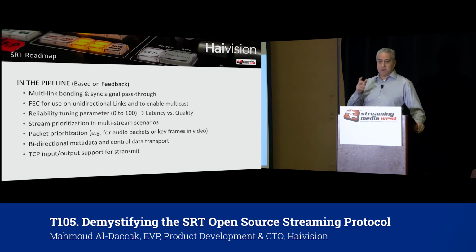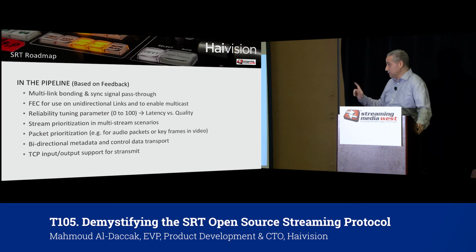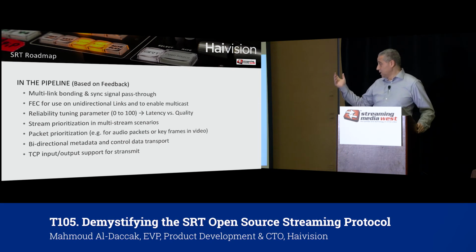If there are 1 or 2 frames that you miss, you will never see them. But if a few packets of audio are dropped, you'll hear a pop immediately. So that's why packet prioritization is fairly important. And then adding some more support for metadata so that we have out-of-band metadata. So there is a lot of work in that regard.